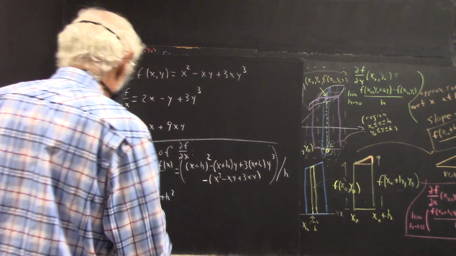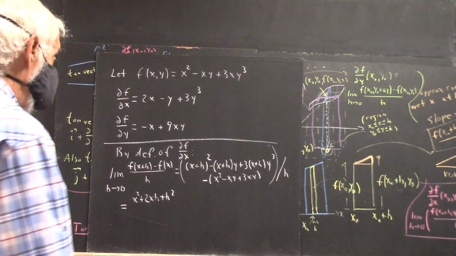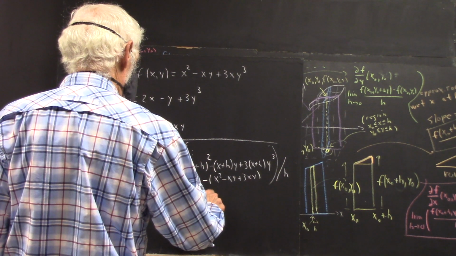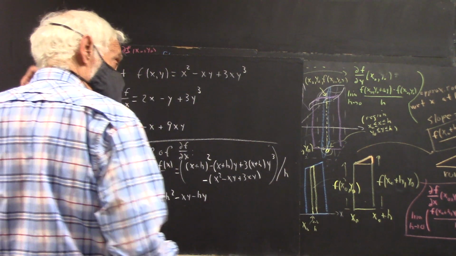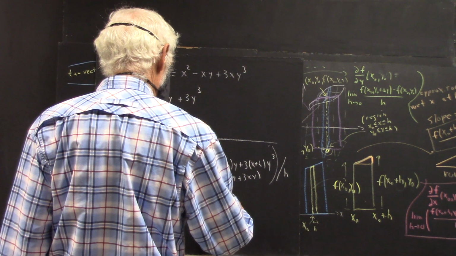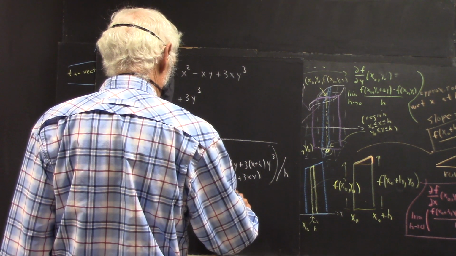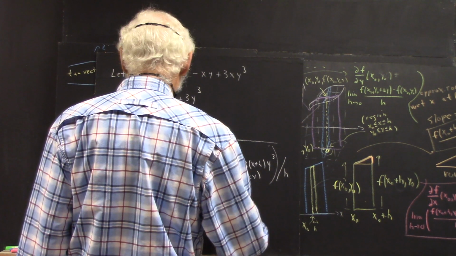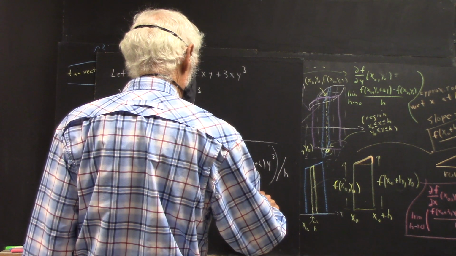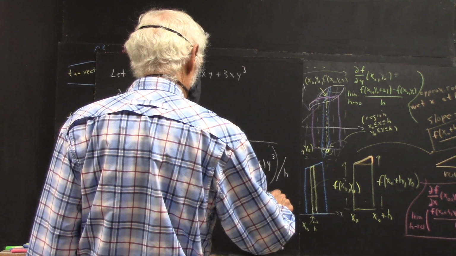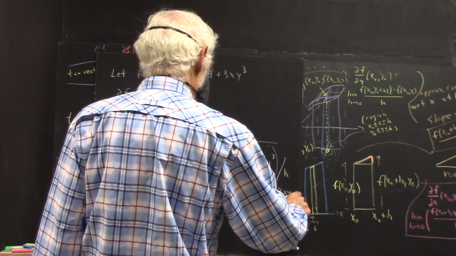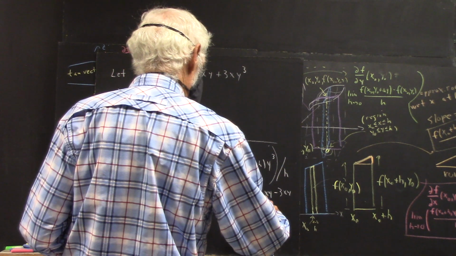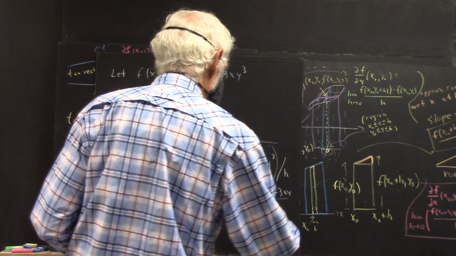So expand x plus h, there it is. And then it's minus xy minus hy. And then this is the first term, and here's the second term.